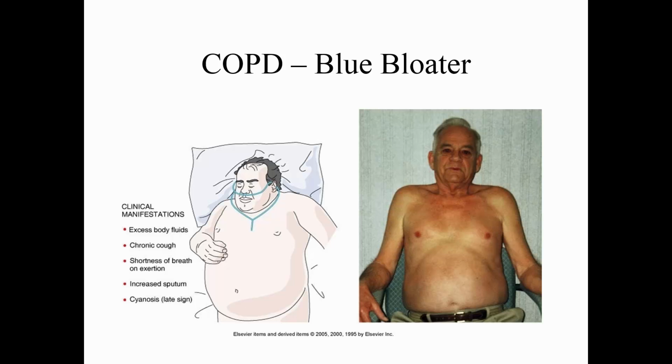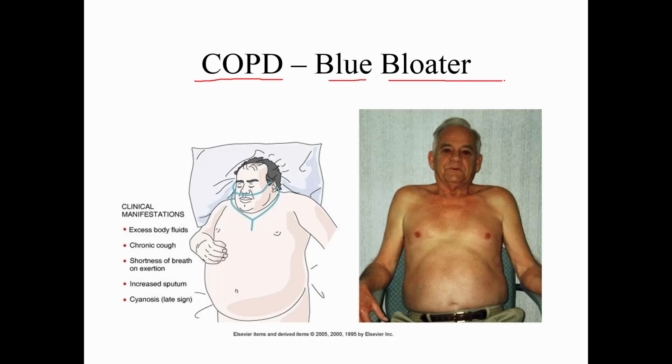All right, now here's a clinical designation that I don't really think about as a physiologist, but I will share with you, those of you that are interested in clinical things. COPD can be divided into emphysema and chronic bronchitis, but it also can be divided into how well people maintain homeostasis. So we have a group of people that are called blue bloaters.